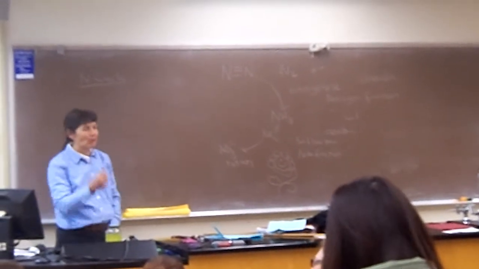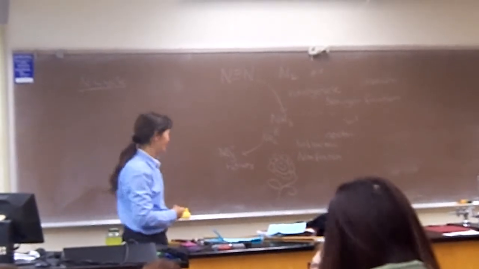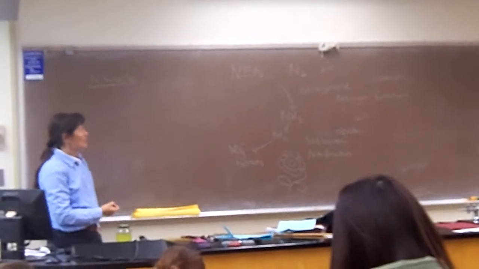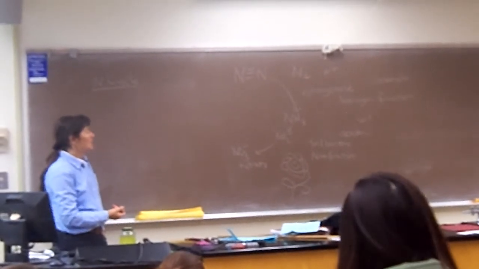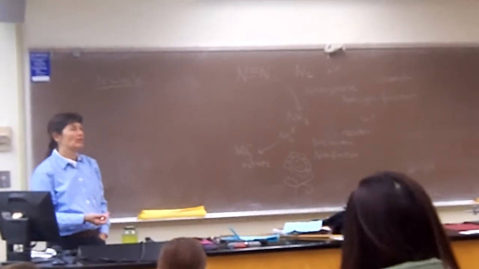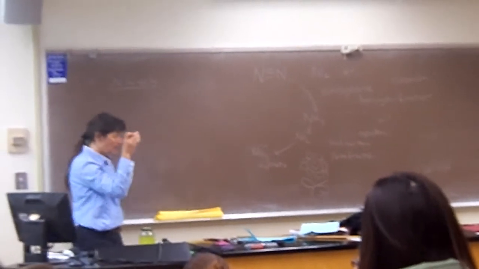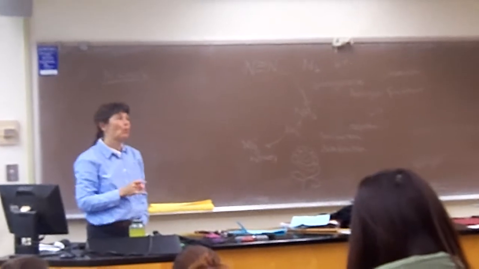But there is a dark side to the nitrogen cycle, and that is a third part of the cycle that occurs when we get saturation of our soil with water. Remember, folks, that in water, oxygen diffuses poorly.